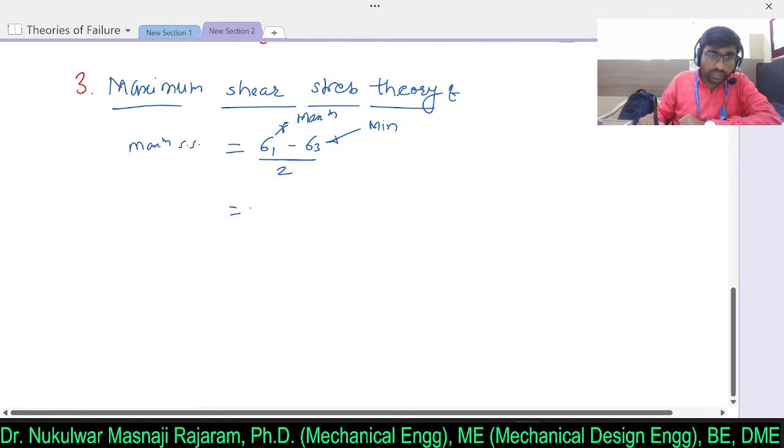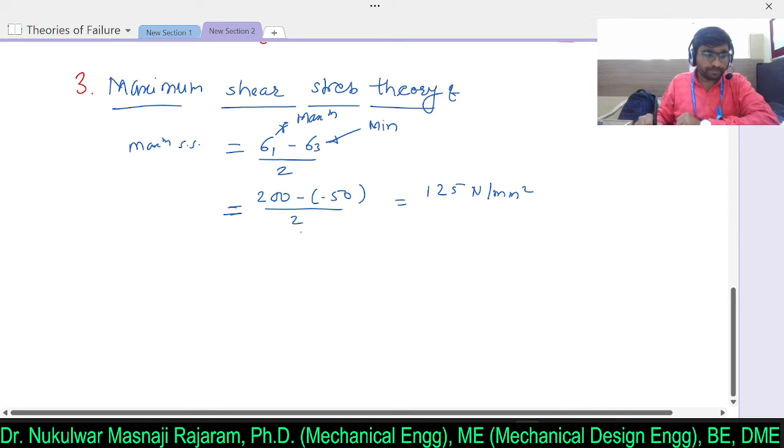Clear? So in this problem statement, what is the maximum value? It is 200 minus, so this value is minus 50, divided by 2. So it is nearly about 125 Newton per mm square.